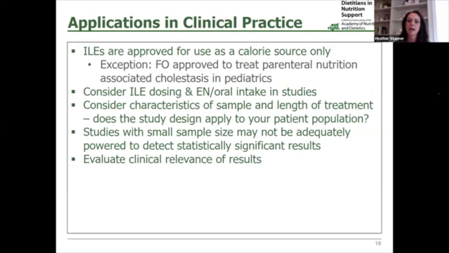So the types of patients, it's always important to look at that to see if it's comparable to your patient population. And then, as I mentioned earlier, the small sample size in a lot of these studies indicates that the studies may not have been adequately powered to detect statistically significant results. And as always, it's important to evaluate the clinical relevance of any study results, even if they are statistically significant.